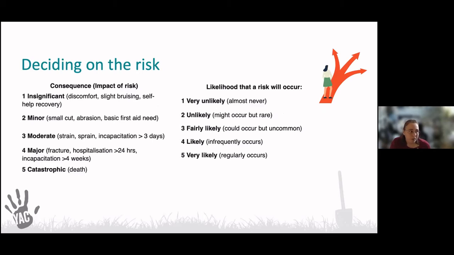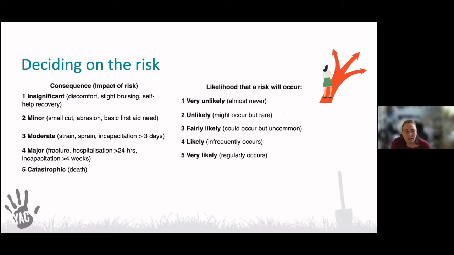So in terms of consequence, the impact of the risk, number one is discomfort, slight bruising, self-help, recovery. If you cut yourself and you put a plaster on it, it's going to heal quite quickly. Minor is a small cut, abrasion, where you need that basic first aid.